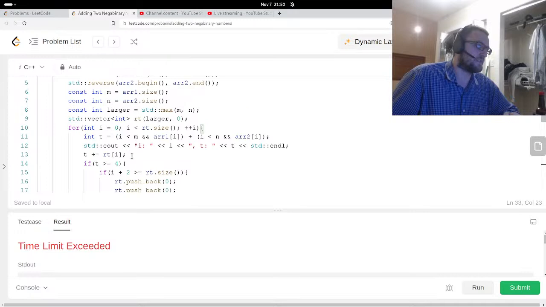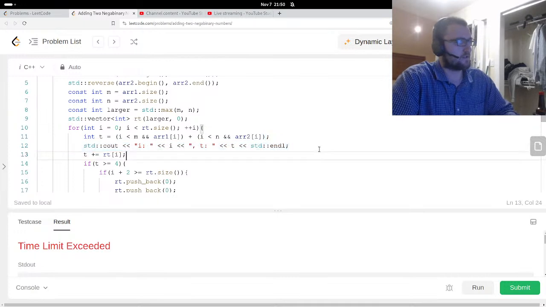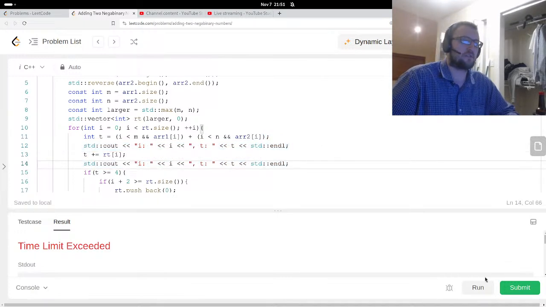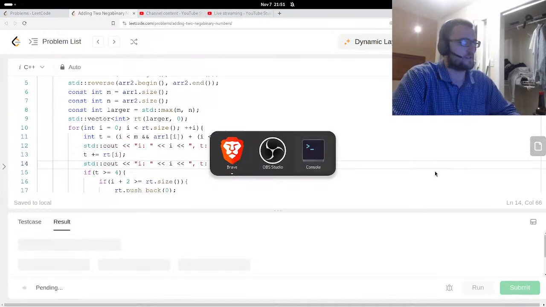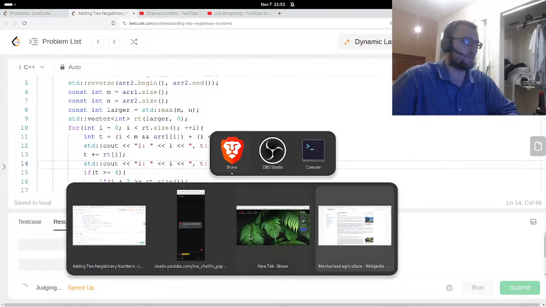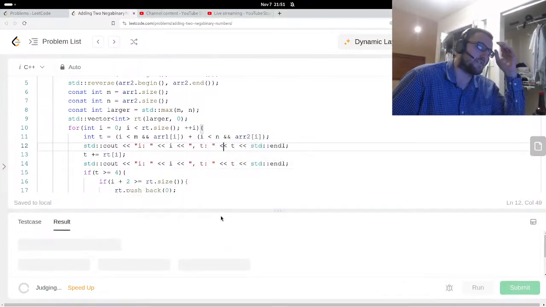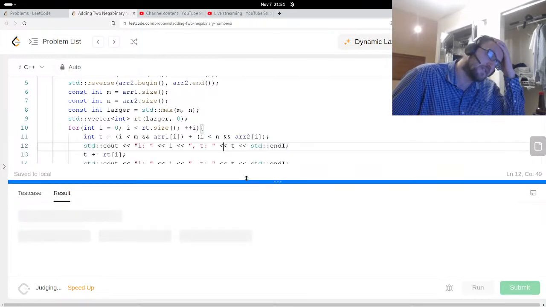What's the value of t each time? 0? The value is 0. Something weird's going on here. Yeah, this kind of happened last time too, where I had like a negabinary loop thing going on. I didn't really understand what was happening.